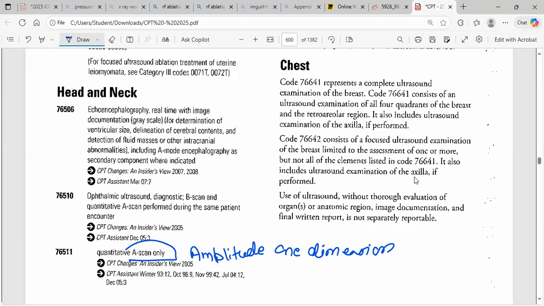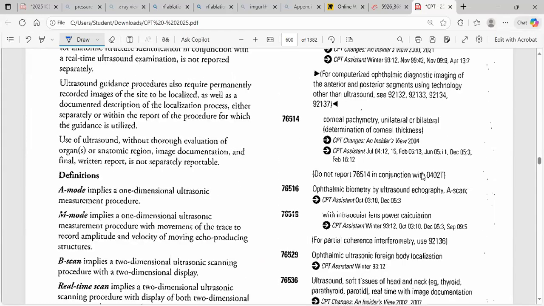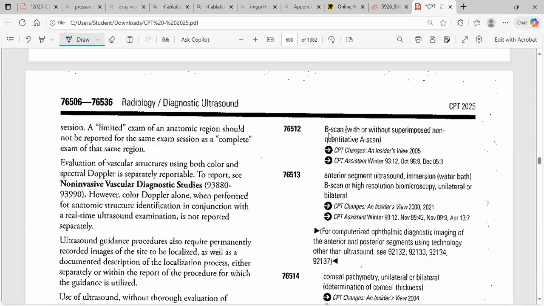Next we have B mode. B mode means brightness. A means amplitude. B means brightness mode. Brightness mode is a two-dimensional scan, and M mode means motion mode. This is a one-dimensional scan, but it will show the movement of a moving structure such as the heart or any movement of the fetus.